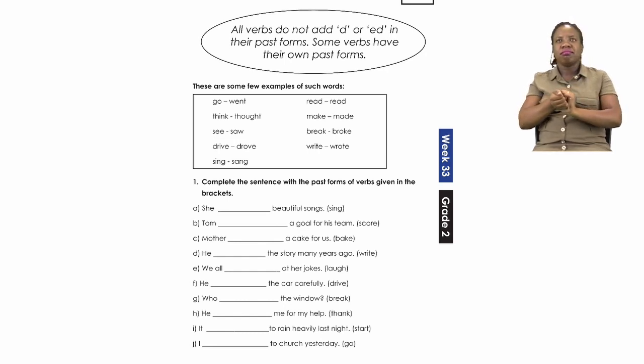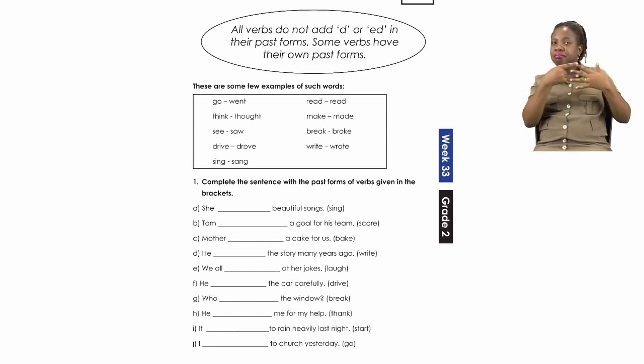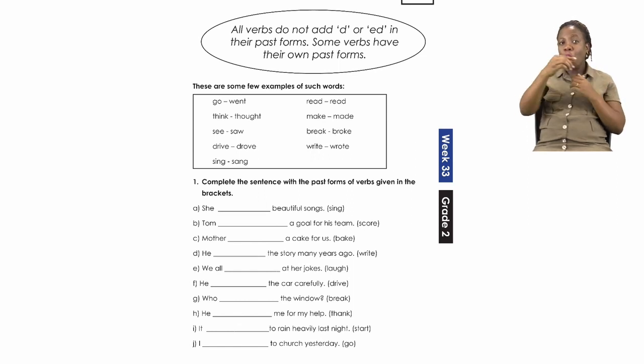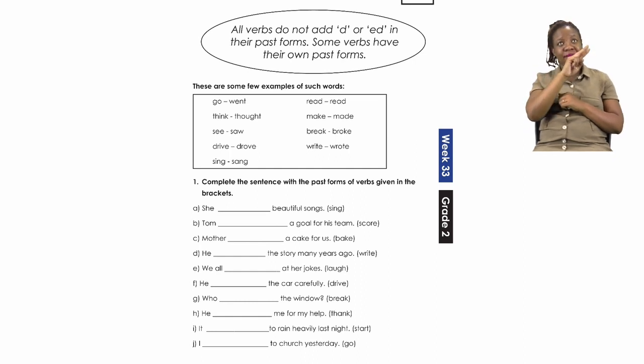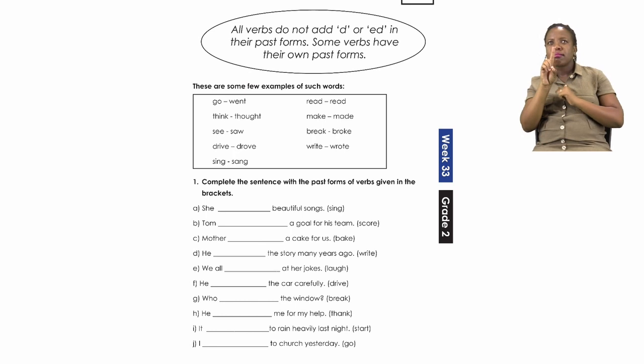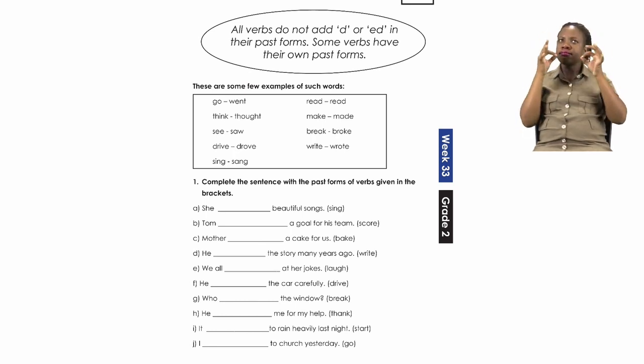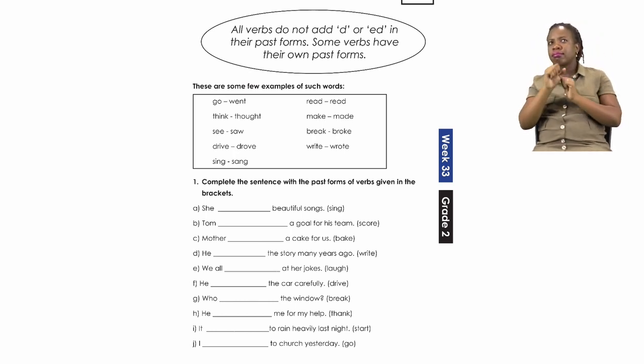Now let's quickly look at these examples. The first word is go. If you put go in the past tense, it changes to went. The word think in the past tense changes to thought. See changes to saw. Drive changes to drove. Sing changes to sang. Read changes to read.